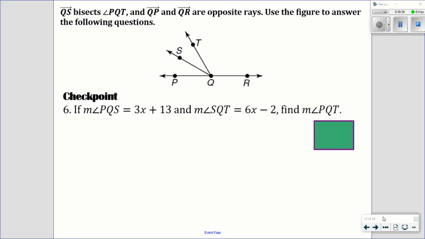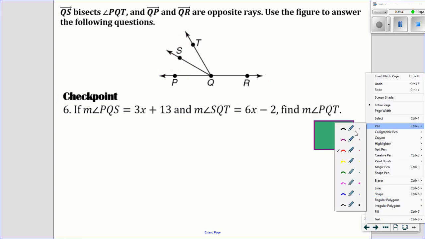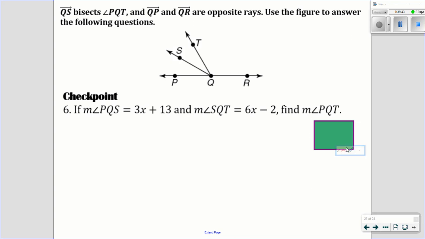And then the last one. Let's see what they have as information. They say that QS bisects this, so that means this is congruent to that, and these are opposite rays, so this is 180 degrees.